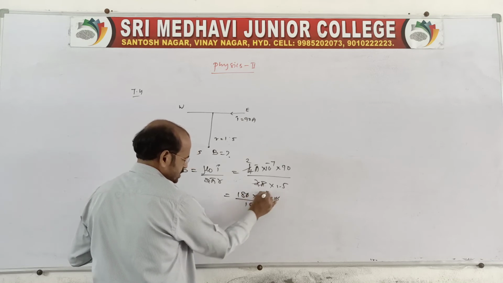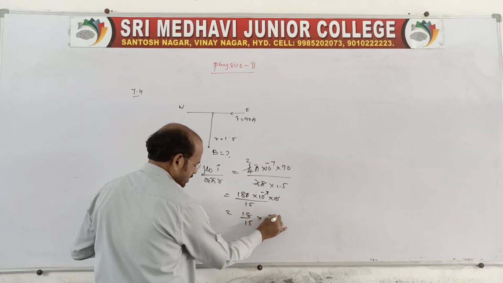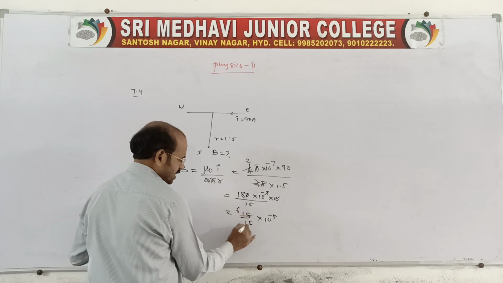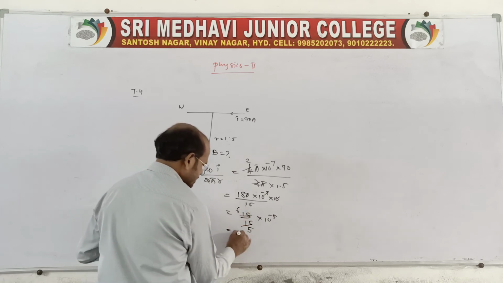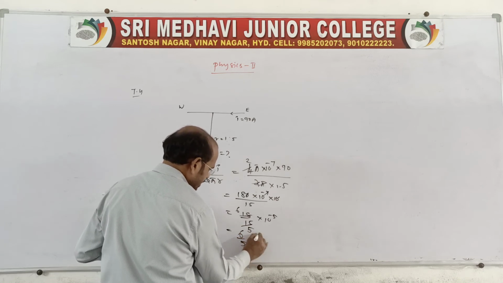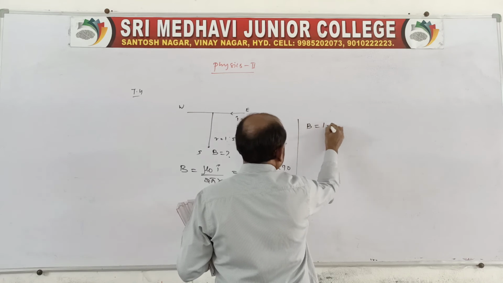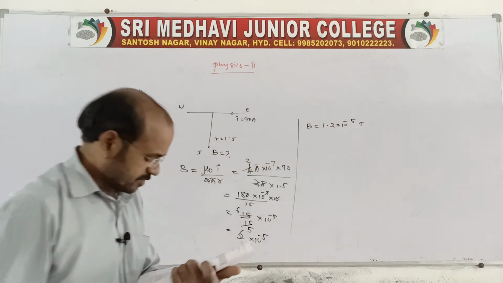Cancel the zeros: 18 by 15 into 10 power minus 5. Approximately 6 by 5 into 10 power minus 5. So the magnetic induction is 1.2 into 10 power minus 5 Tesla.